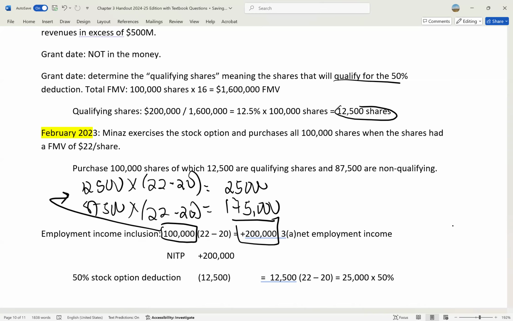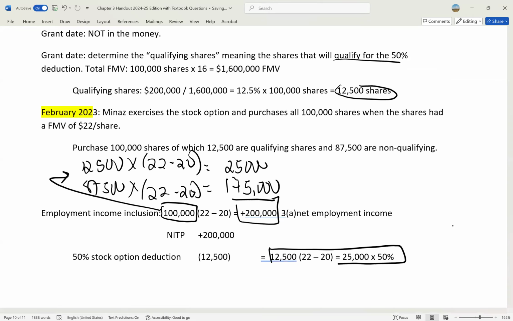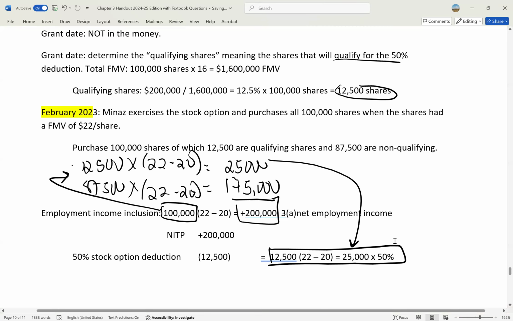So we just break it down between the qualifying and non-qualifying, but it's going to work out to 200,000. But only 50% of the qualifying shares, which is the 12,500 times $2, qualifies. So only 50% of the 25,000 will qualify for the 50% deduction.